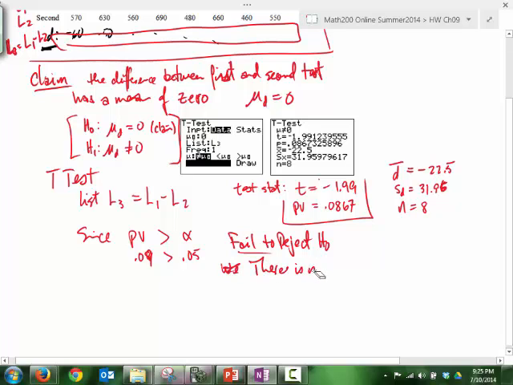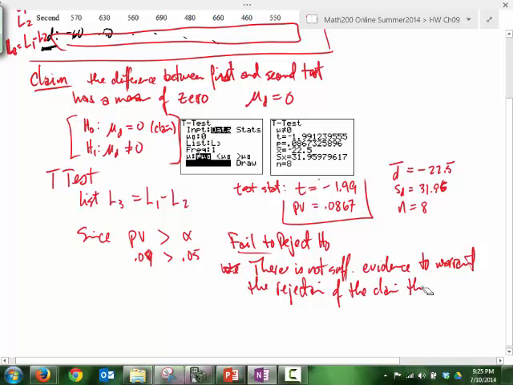There is not sufficient evidence to warrant the rejection of the claim that the mean difference is 0.